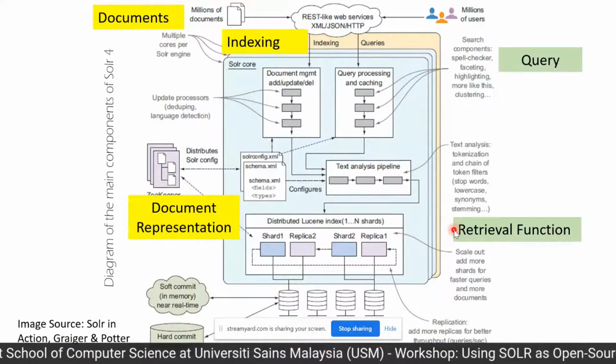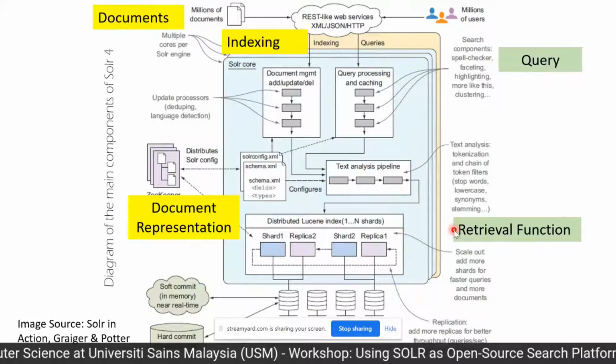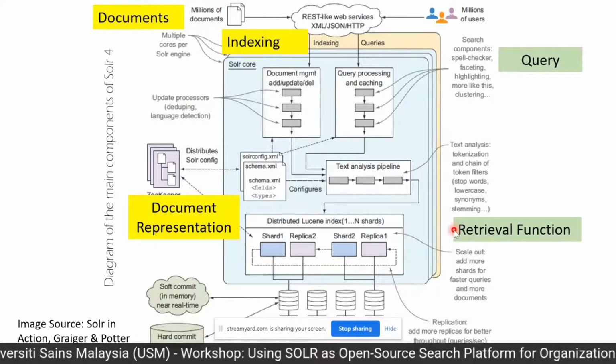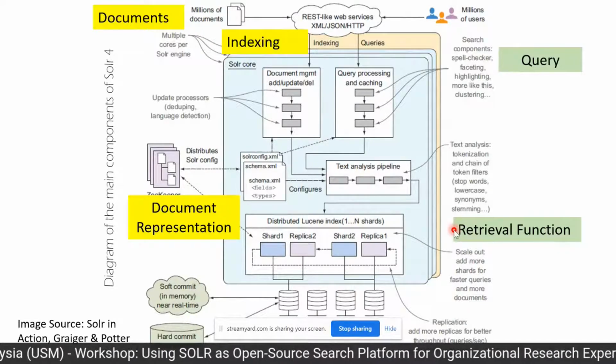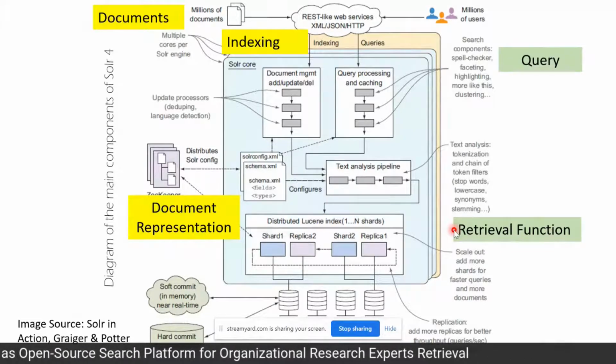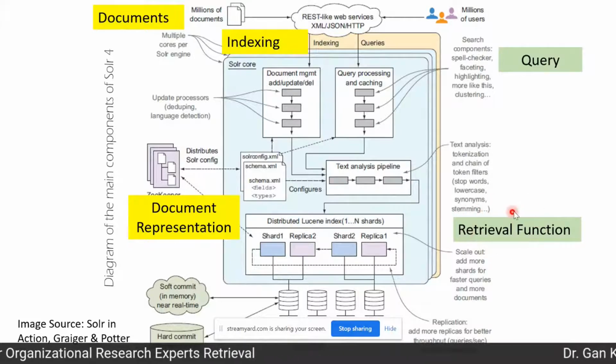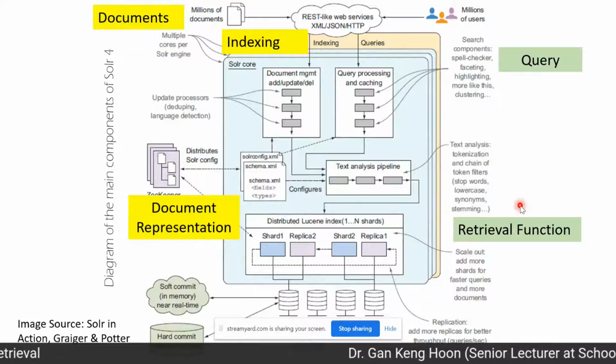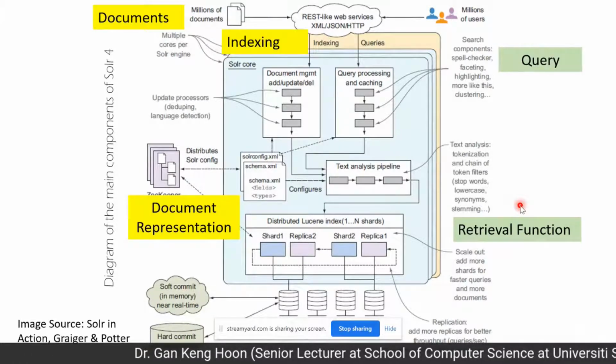It has some term weighting across the documents, and also it calculates the relevance score based on the length of documents. So there are some scoring functions that are happening at the back end. Hence, later, when you see the search results that have been returned, there will be some scoring. So it's not just a listing.